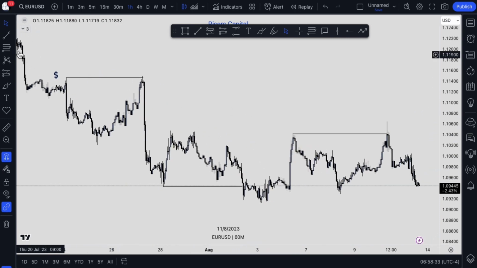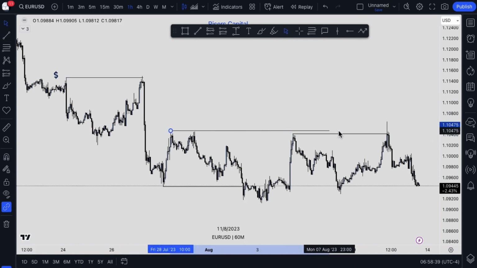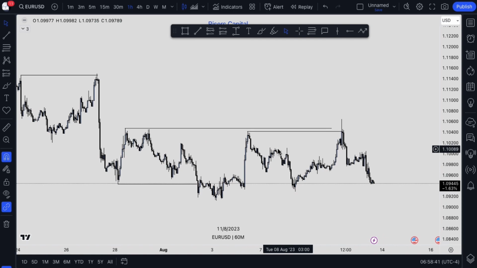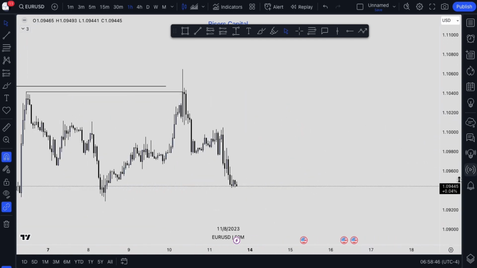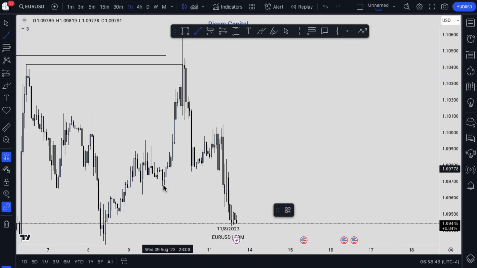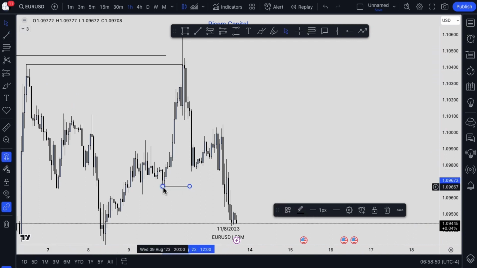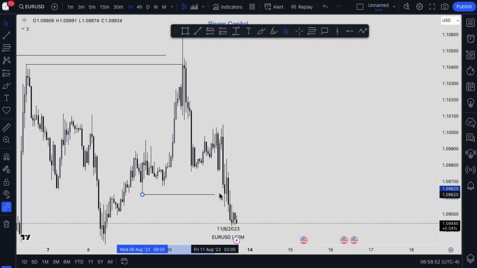And obviously I drew your attention to these relative equal highs over here, and of course you can see that get taken too. And believe it or not, even here, what's this? Or here, what's this? This is a near old low.